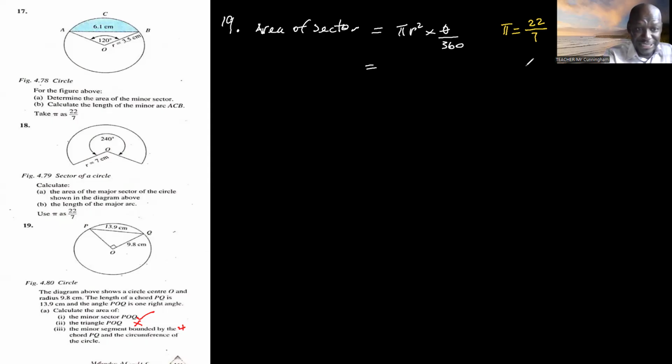We're looking at question 19. The diagram is there. Figure 4.80. Using pi as 22/7. Give your answers to three significant figures.